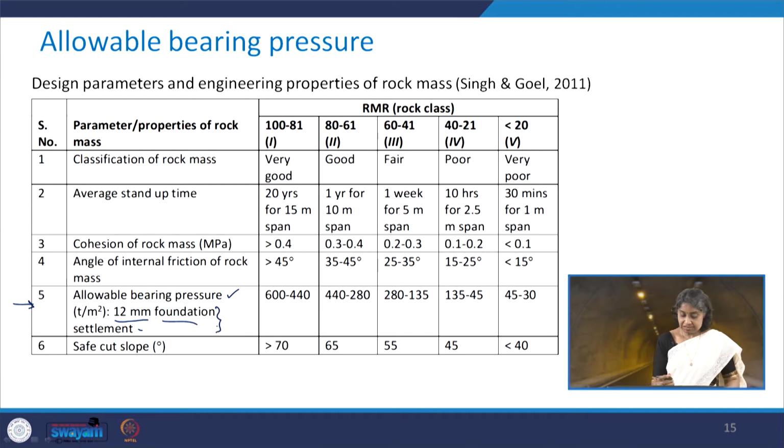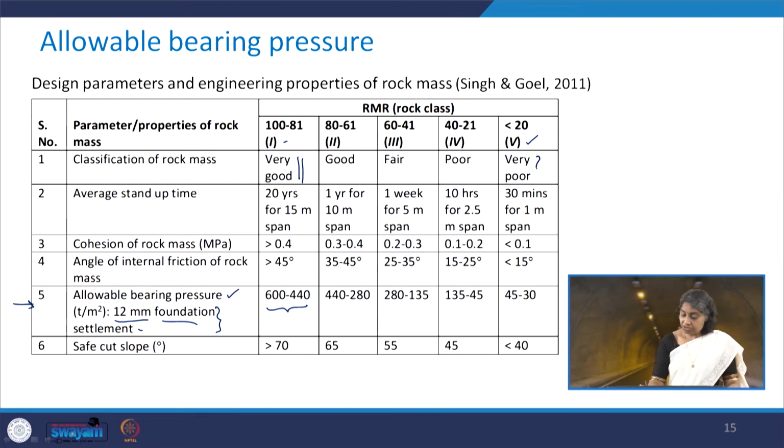Please remember this. For the case of rock classes 1, 2, 5, see how the range of allowable bearing pressure varies. In case of the very good quality rock mass, the allowable bearing pressure varies between 440 ton per meter square to 600 ton per meter square.